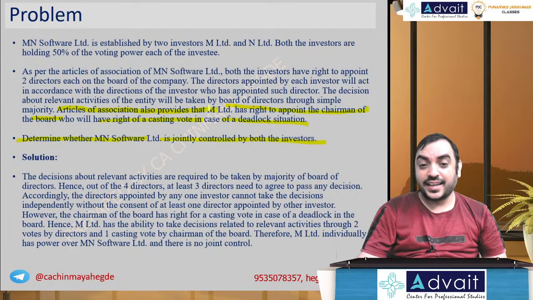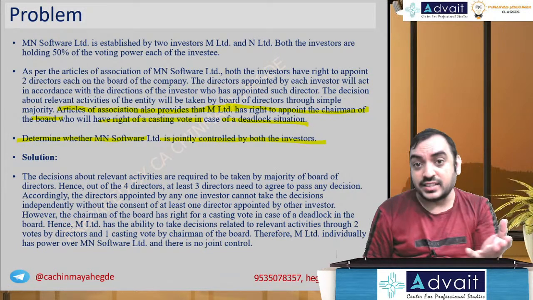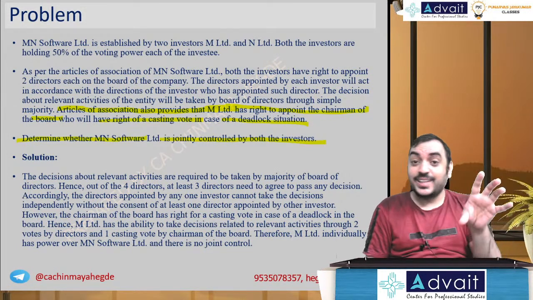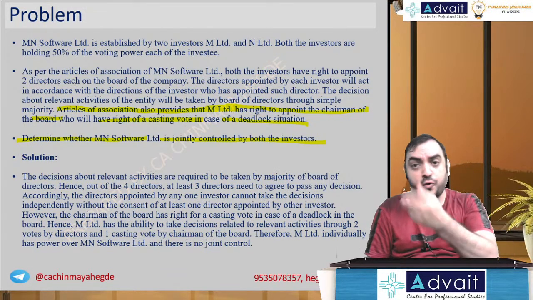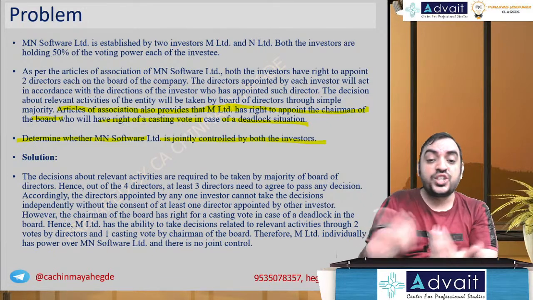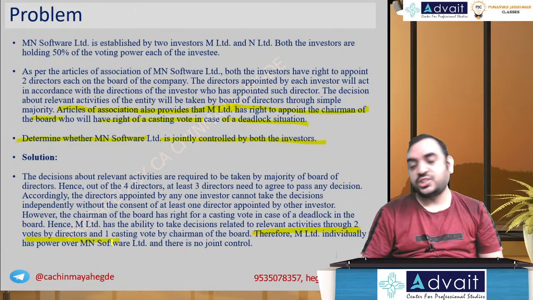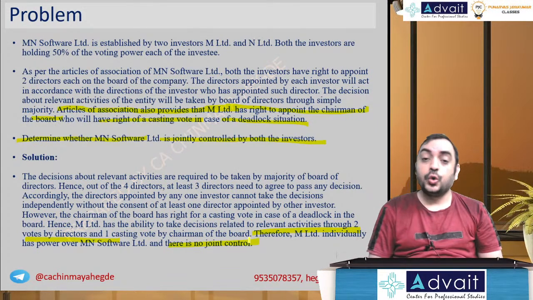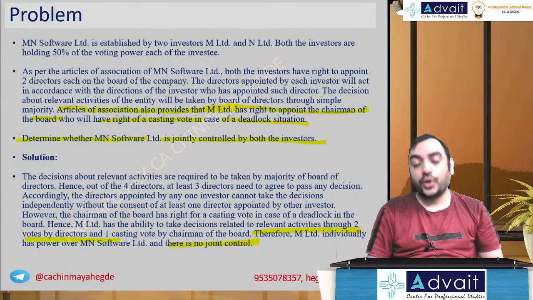M Limited can appoint, which means M Limited can take the decision without the consent of the other. M Limited can make 2 votes out of 4, and then the casting vote, which means M Limited individually has power over MN Software Limited. There is no joint control. The extra catch is the casting vote.